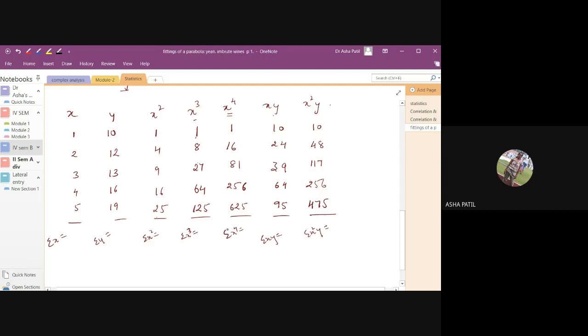Tell me all the values. This one is 15, I hope. Is this 70?